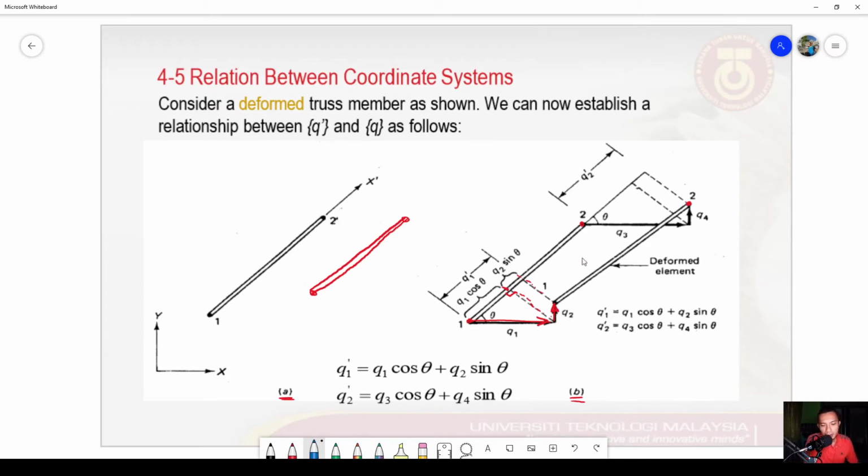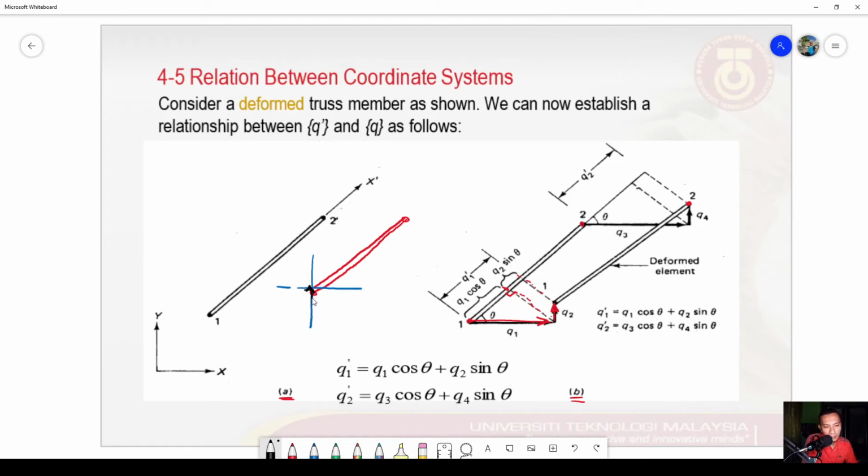To obtain the equivalent displacement of Q2 in the local coordinate system, what we can do is apply trigonometric rules in order to obtain the equivalent value between the global and the local coordinate system.